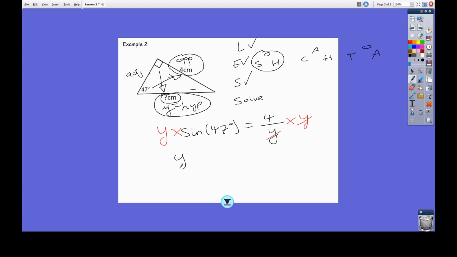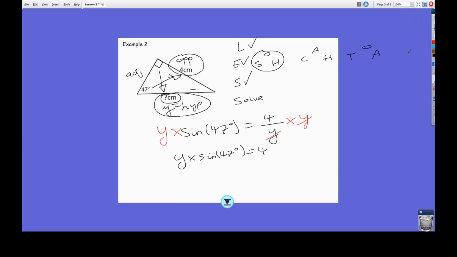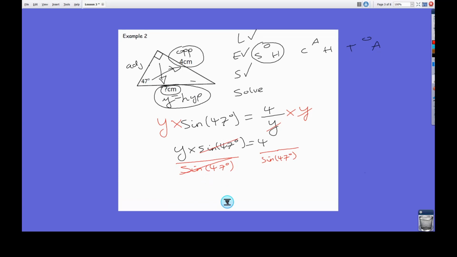So then that gives me y times sine 47 degrees is equal to 4. And then finally, to get y on its own, I can divide both sides by sine of 47 degrees. So on the left-hand side, sine 47s will cancel out, leaving me with y is equal to 4 over sine of 47.